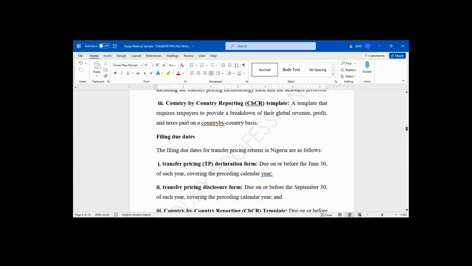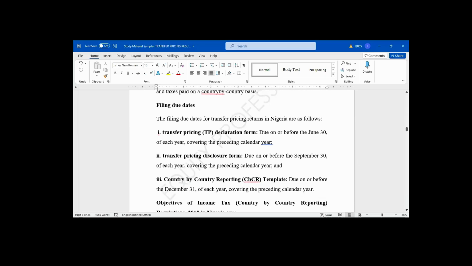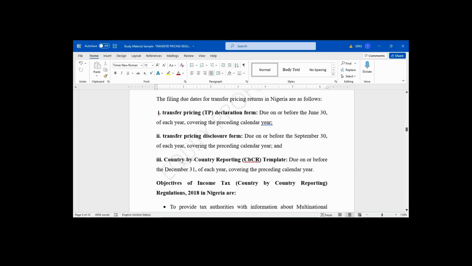But in the case of the transfer pricing disclosure form, it must be filed on or before September 30th, which is 9 months after the end of the year. While the country by country report must be filed not later than 31st of December of the following year.